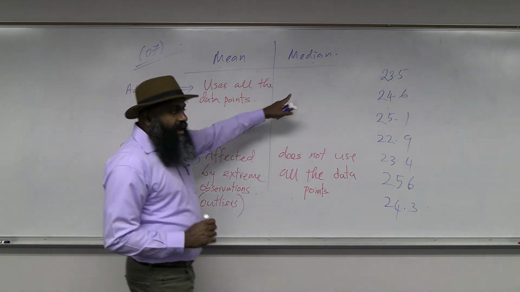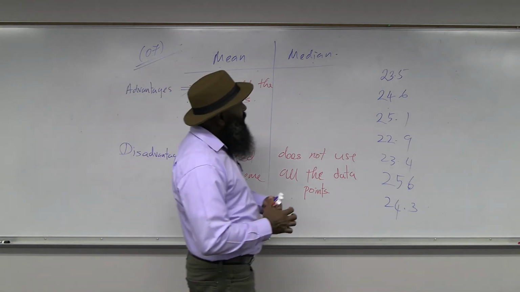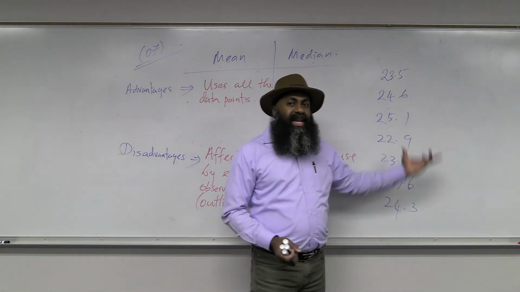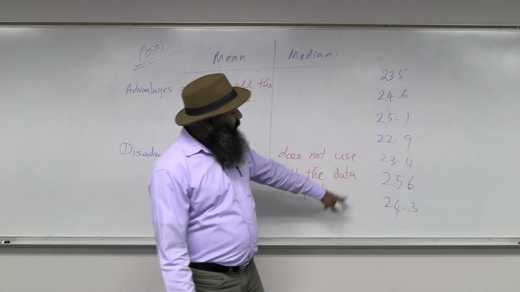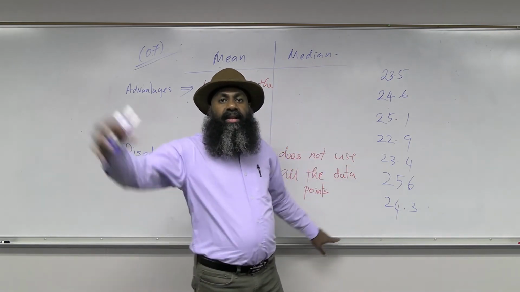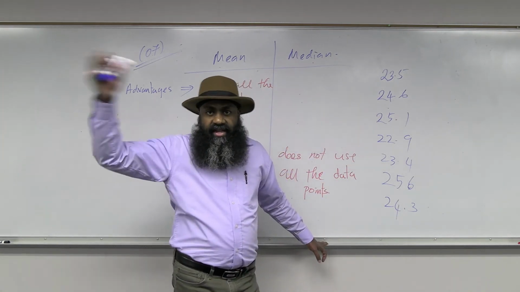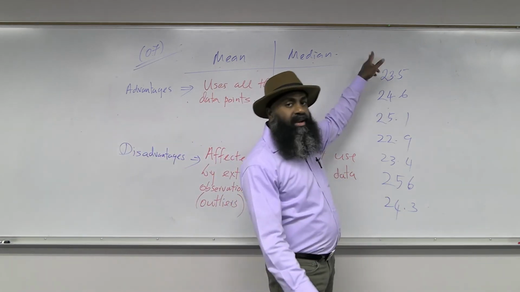And on the other hand, the median does not have this weakness, because when you find the median, you arrange all the data in ascending order. And then these kind of outliers will always come at the beginning of the data set or at the end of the data set. If it's a large outlier, it will be the last data point. If it's a small outlier, it will be the first data point.